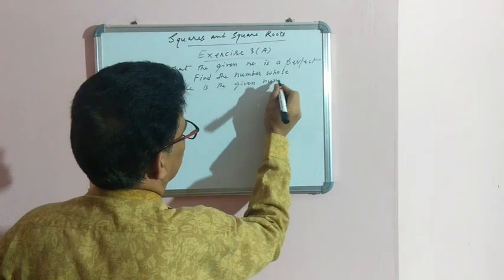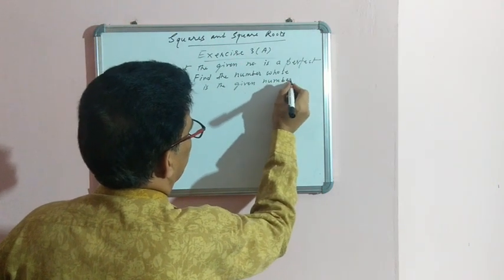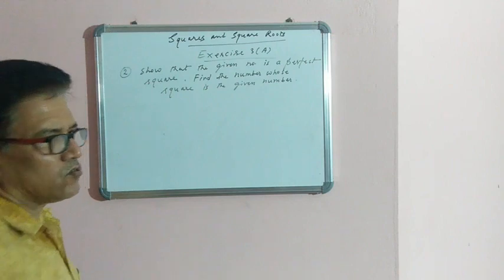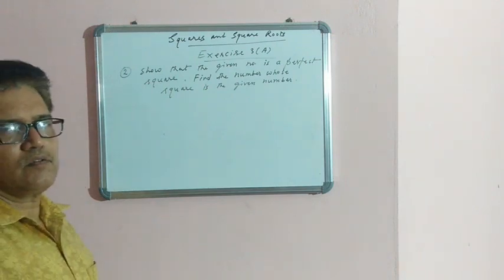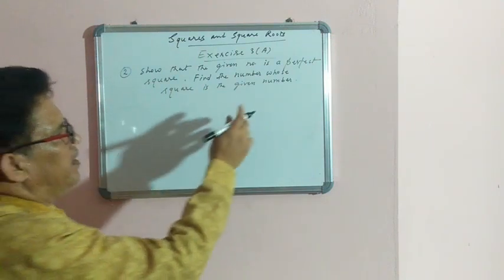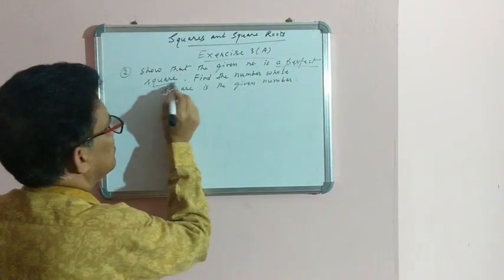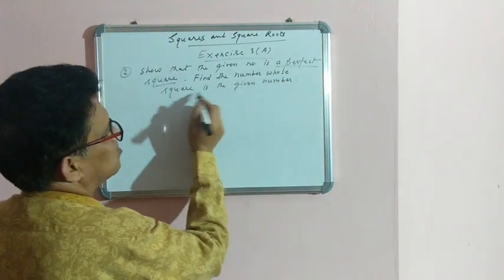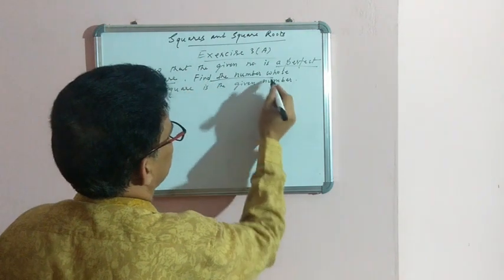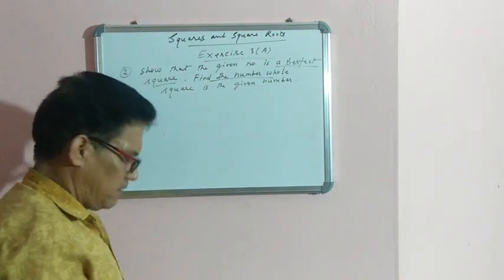So two things we have to do. First we have to show, as in the first question, that this is a perfect square, and then find the number whose square is the given number.